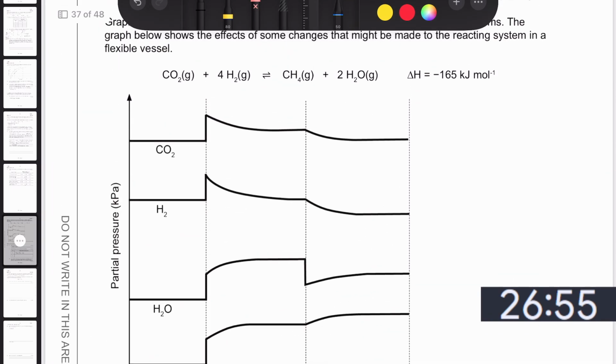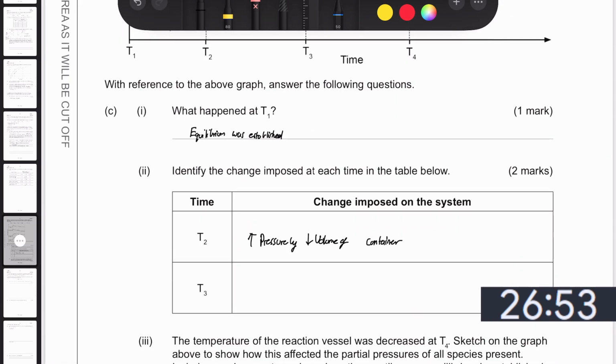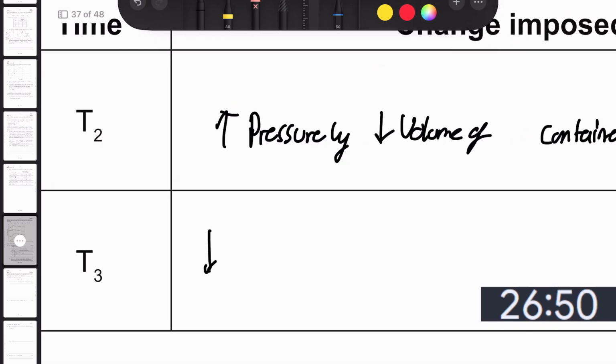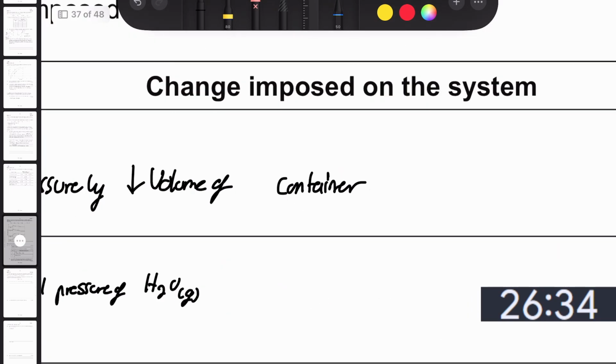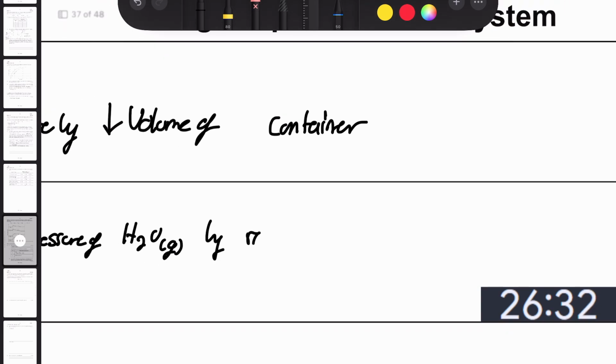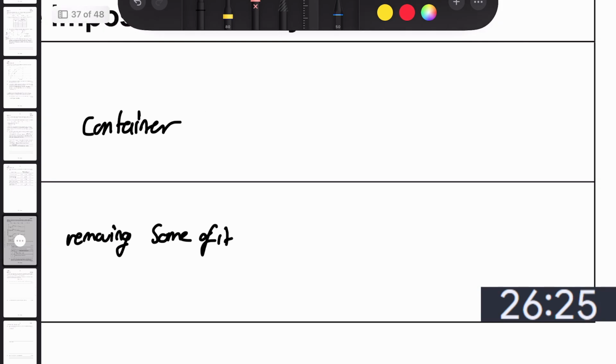And at time 3, a decrease in partial pressure of H2O gas by removing some of it from the system.